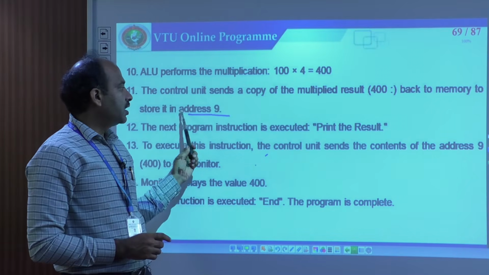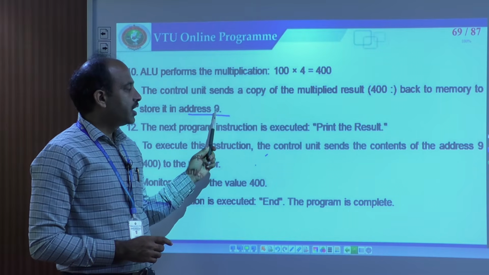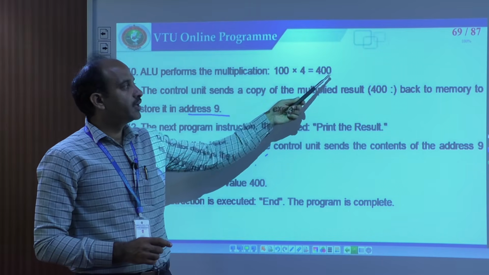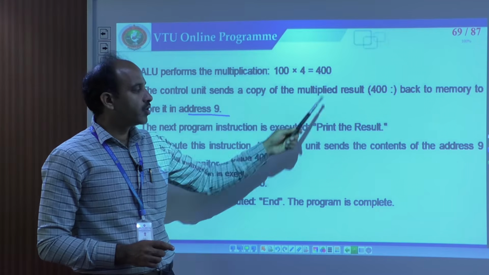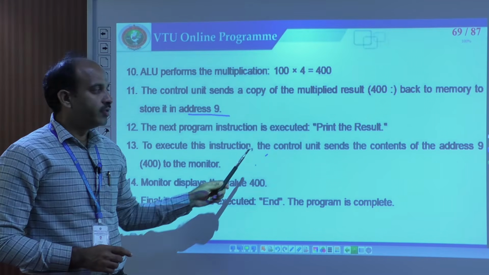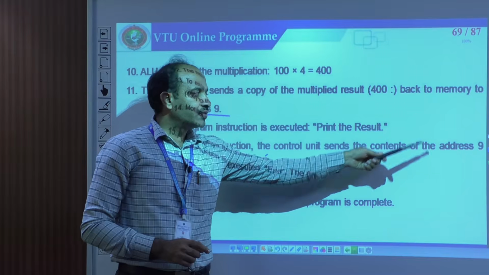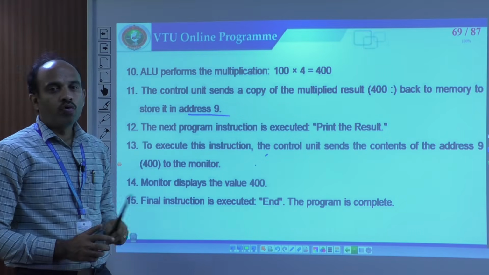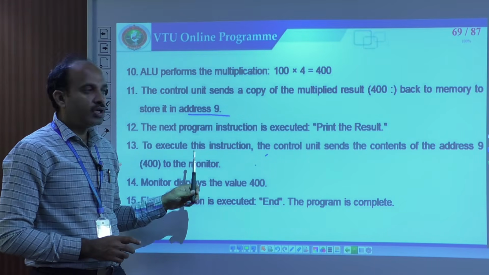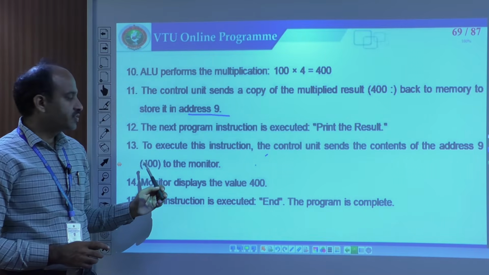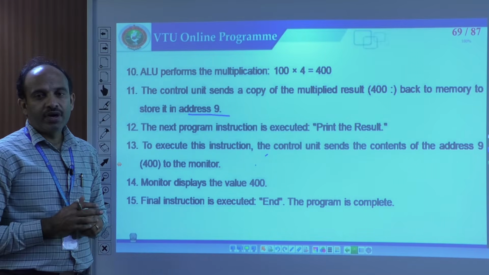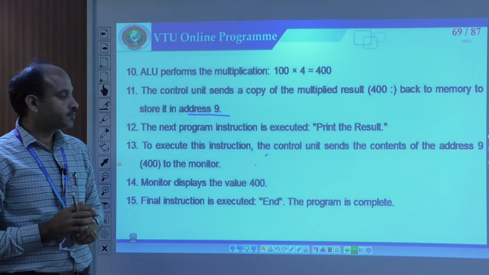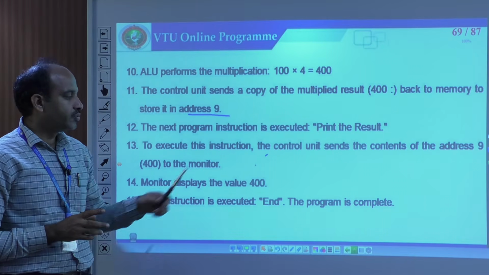Address 9 consists of the multiplication of 100 and 4, which is 400. The control unit sends that to the output device, that is the monitor. The result is 400, so the memory address 9 has the value 400 that you display.